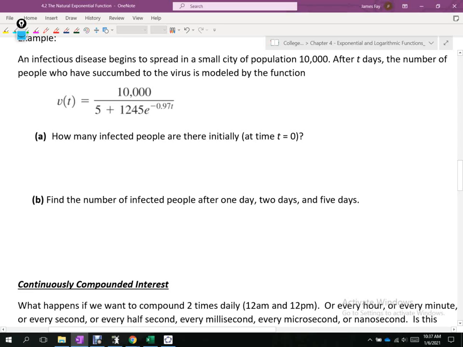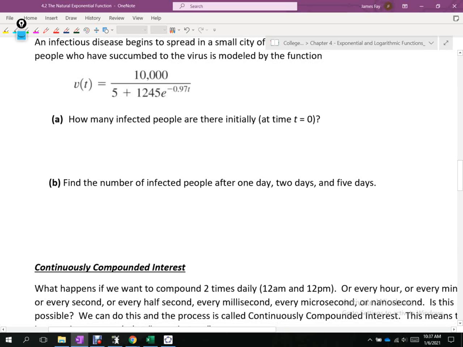So how can we work back to see how many started the infection? When we say how many people were initially infected, the word initially means the time is 0. That's something you're going to have to pay attention to in your homework. They're going to use this phrase only. They will not put t equals 0 for you. You need to know that initially means time is 0.